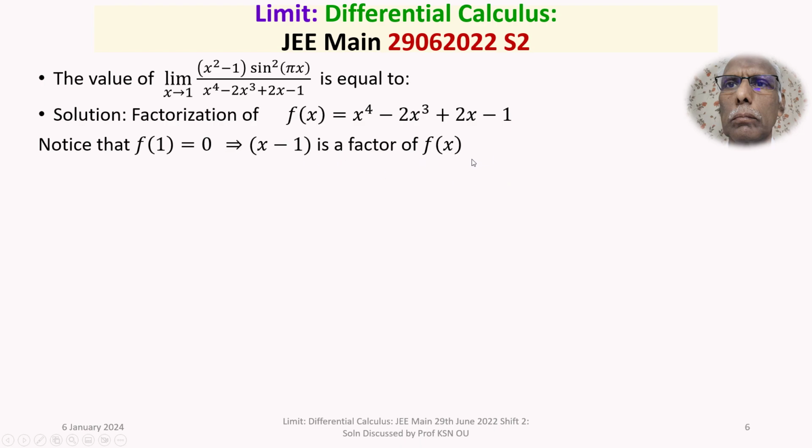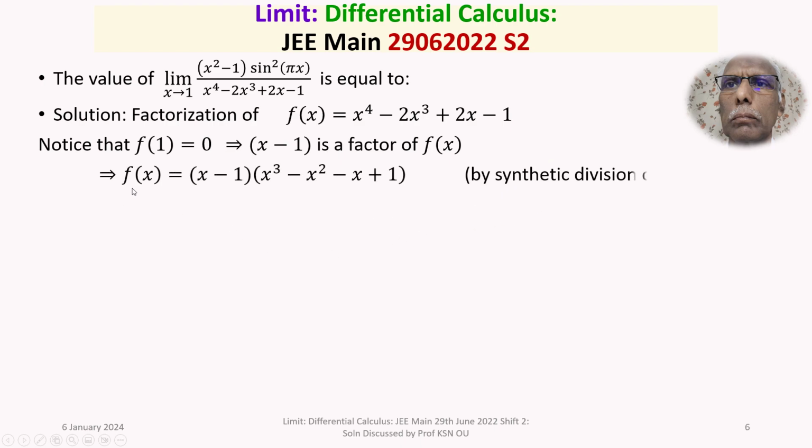You can use the ordinary division method, or you can use synthetic division also. If you do it, then f(x) will be x minus 1 multiplied by x cube minus x square minus x plus 1. Now we factorize this cubic polynomial.